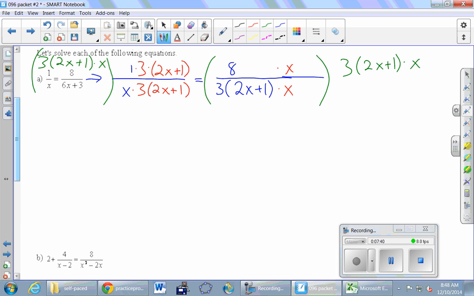So that's definitely legal because I did the same thing on both sides. And here's the point of doing that: as soon as you do that, you get this massive explosion of canceling, right? That 3 cancels, the 2x plus 1 cancels, the x cancels, and the right-hand side no longer has a denominator. Fiona?